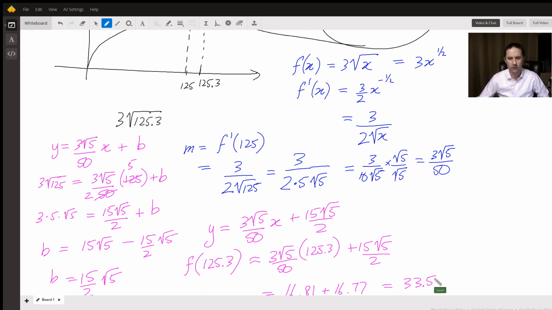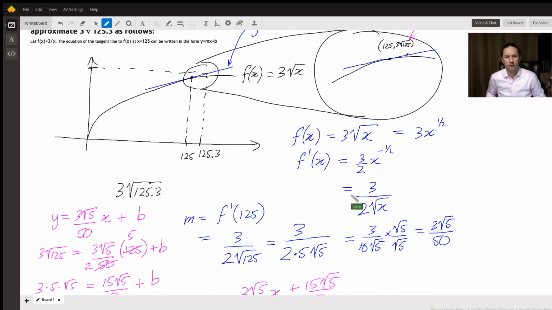I think that's correct. That seems right because it's not far off 33.5.